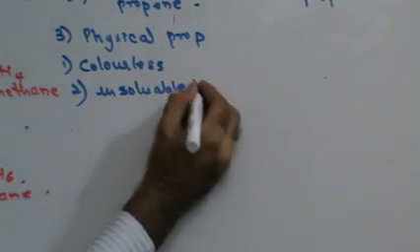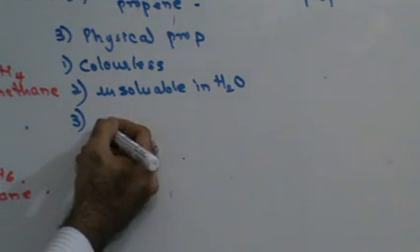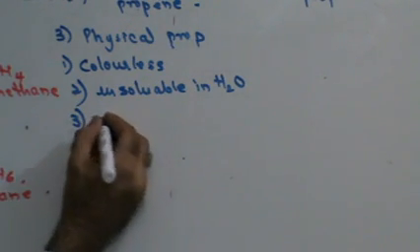Second, they are insoluble in water. General characteristics of an organic compound: soluble in water. Right? Density. The density is less than that of water. The density of alkane is 0.8.